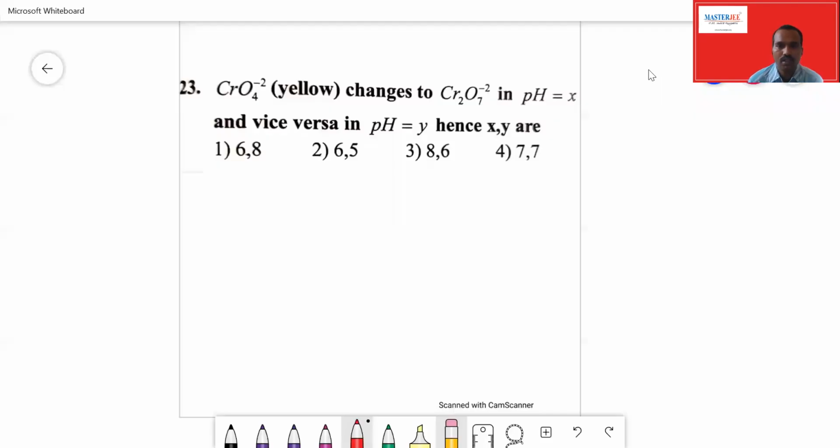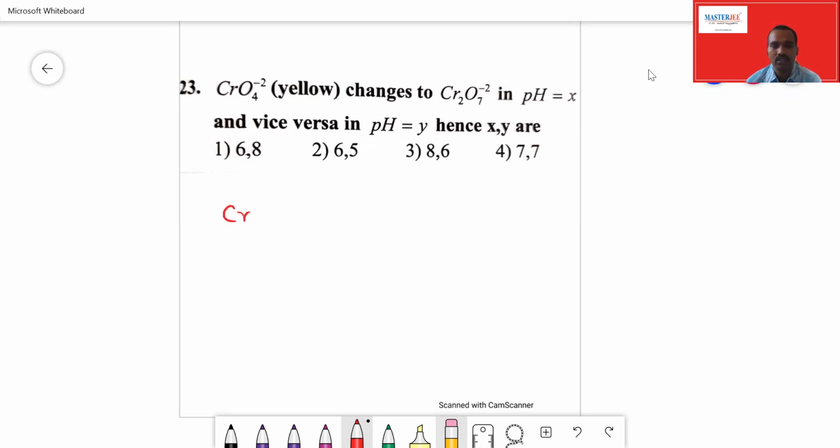Next, see here, chromate CrO4 2- and dichromate, pH is equal to X. Chromate changes into dichromate at pH X, and vice versa, dichromate changes into chromate at pH Y. Hence X and Y are what they are asking.